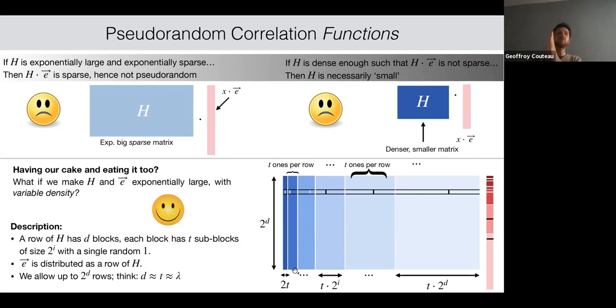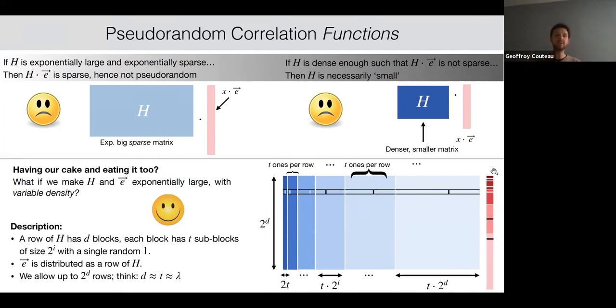Then each time you have a twice bigger block, but with the same number of ones per row. So the density is divided by a factor 2 each time. And this way you can have an exponentially big matrix, but which has a very succinct representation. You only need some polynomial amount to represent each row of the matrix H. And we take the exact same distribution for the noise vector. It's very dense at the beginning, then slightly sparser, then twice sparser, and so on.